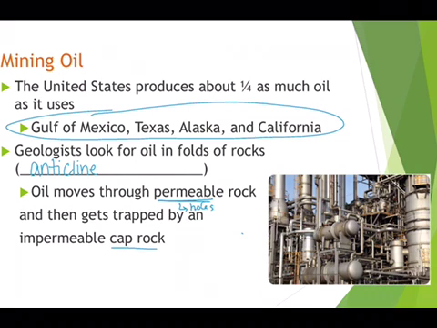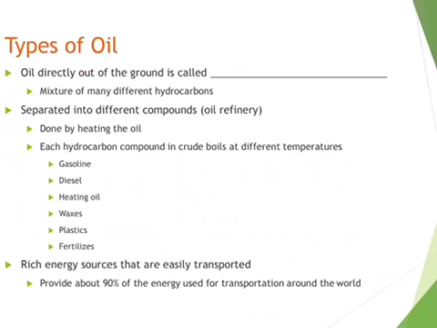So this is an oil refinery process, and so we can talk about that here. Oil directly out of the ground is called crude oil. This is a mixture of many different hydrocarbons. I kind of think of this as dirty oil, and it's just mixed with a whole bunch of different hydrocarbons.